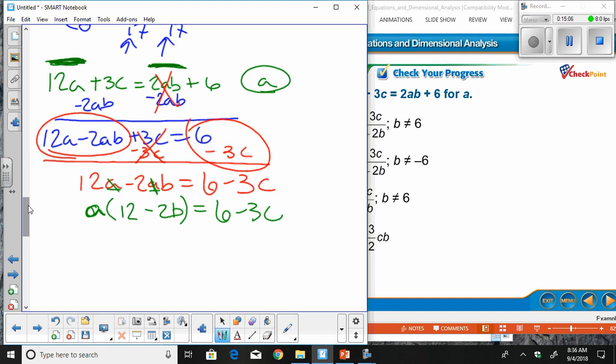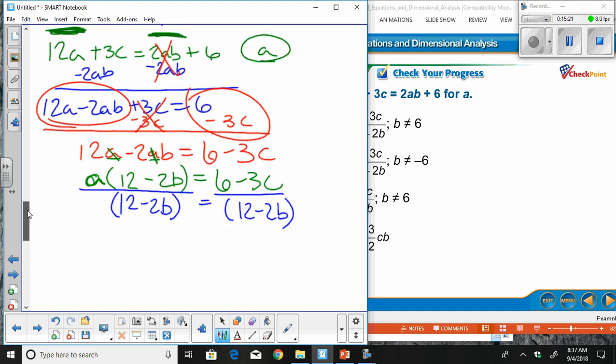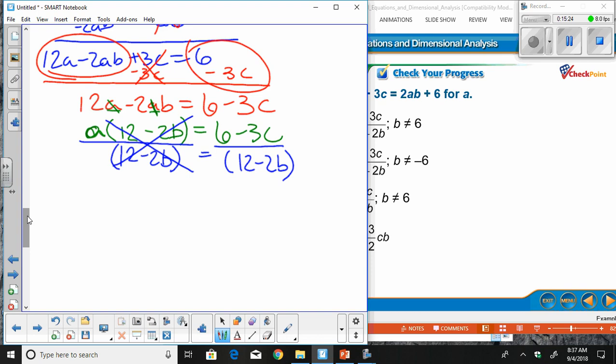Well, now I still want to get a by itself. The opposite of multiplying a parentheses times an a is to divide by that parentheses. So I'm going to divide by 12 minus 2b on both sides. So this goes away. I'm left with that variable of a.